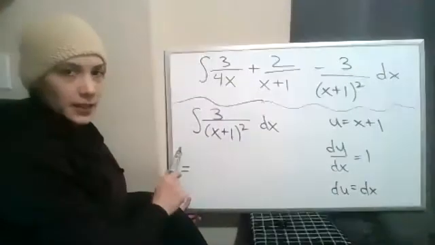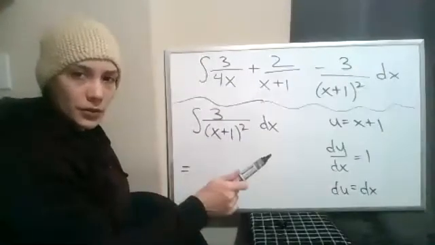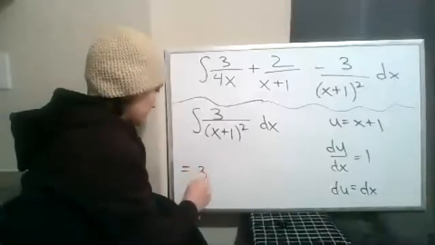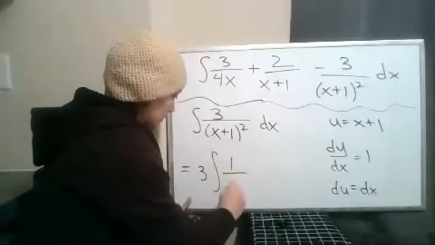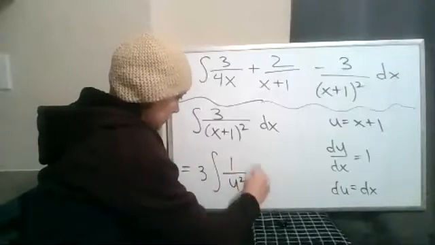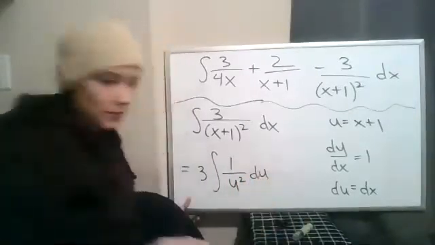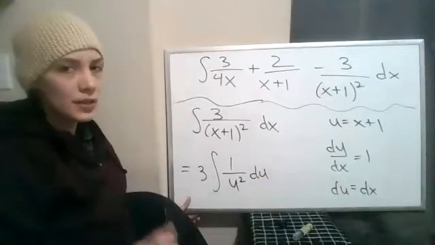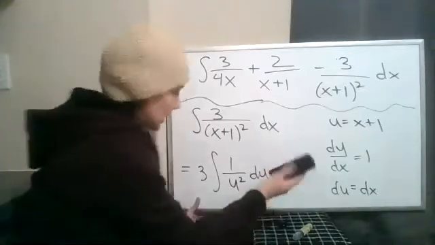And then 3 times the integral of 1 over u squared, which we can write as u to the negative 2 and take the integral.